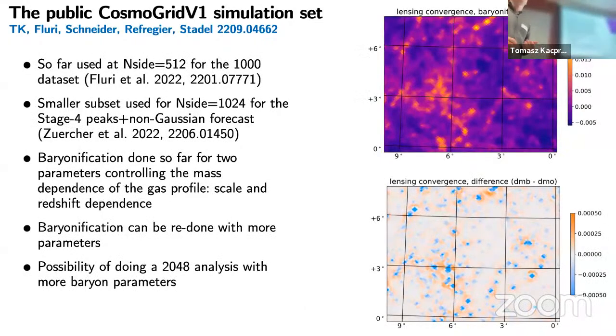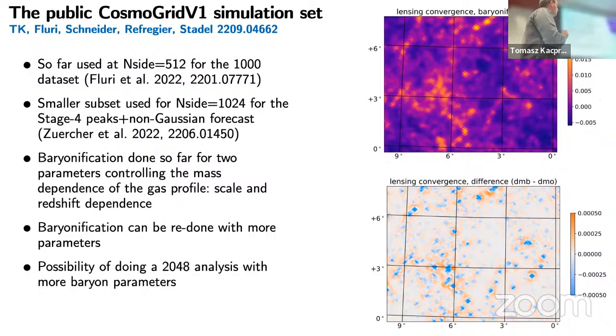Okay, so the baryonification is one of the key elements here, and it's a simple model based on the halo formulation. What we do is find halos and then use the positions and profiles of these halos to effectively modify the maps a little bit.